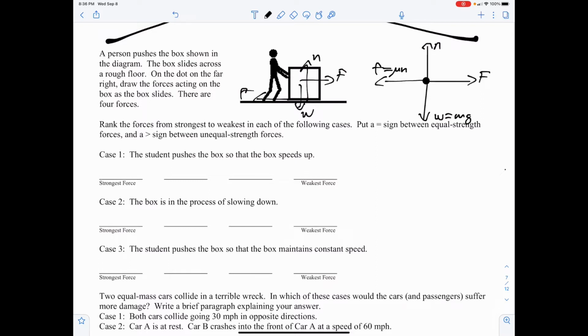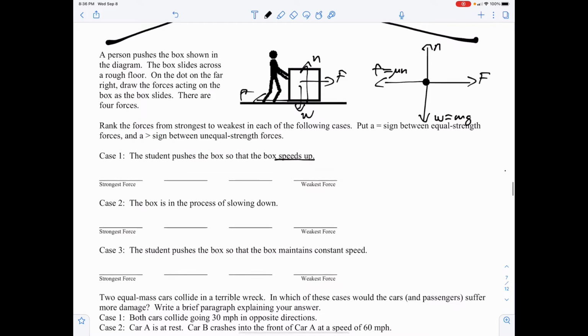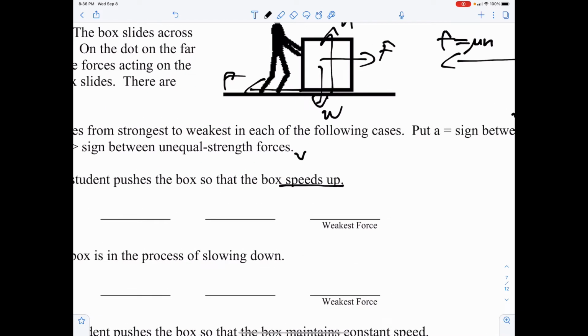Okay, so here's what we're going to do. We're going to rank the forces from strongest to weakest in the following case. Put an equal sign in between equal strength forces, and put a greater than sign between unequal strength forces. Case 1. The student pushes the box so that the box speeds up. Now, if it speeds up, velocity and acceleration go the same way, right?